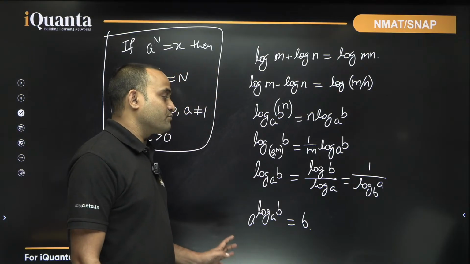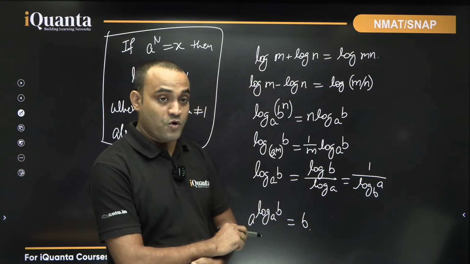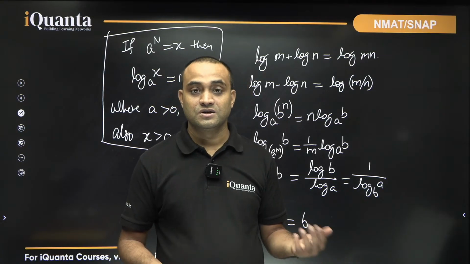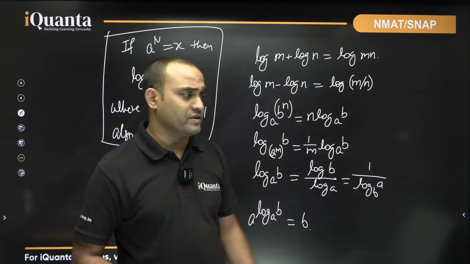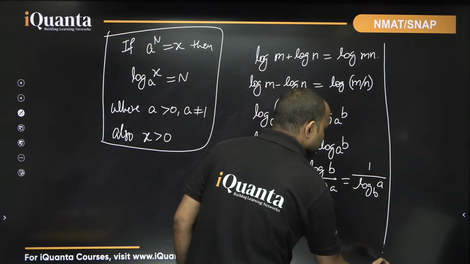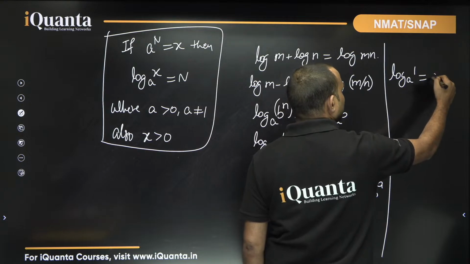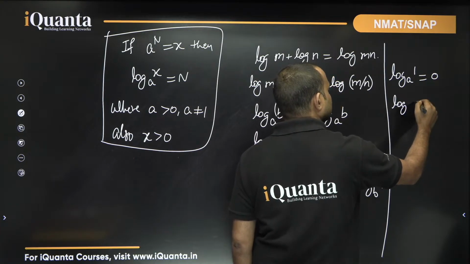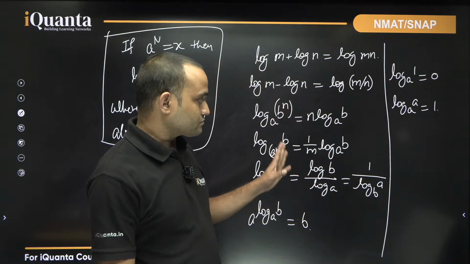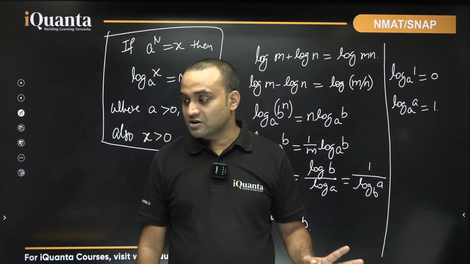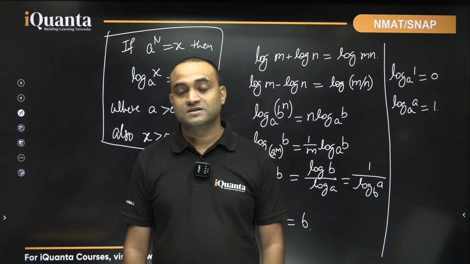These are the important concepts regarding logarithm that you should be aware of before you solve questions. I hope all of you are aware of the values: log 1 of any base is equal to 0, as well as log a to the base a is equal to 1. These are all the concepts that you should know regarding logarithm. Now let's move to the questions.